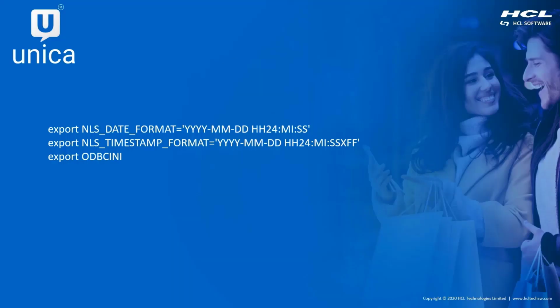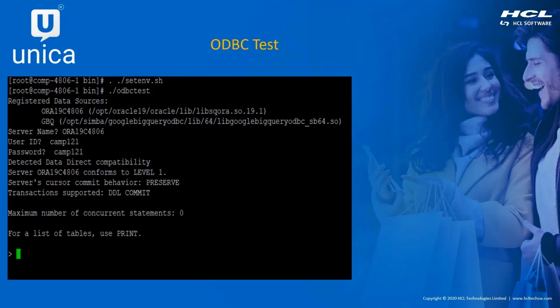Once we have added those parameters in odbc.ini, we need to navigate to the server where our listener is installed and add these parameters inside our setenv file present under campaign bin. Now once we have added those in our setenv, we need to test the ODBC connection with Unica.